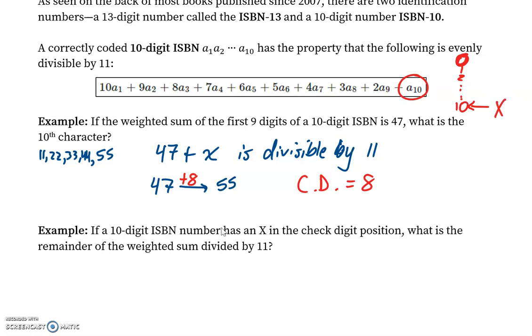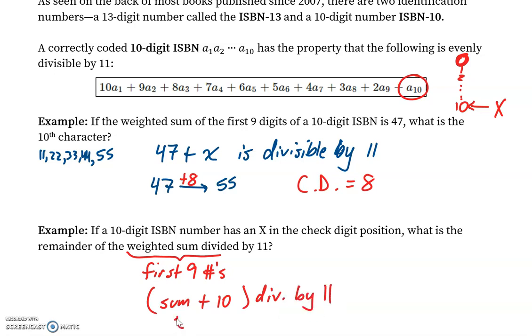So, okay, in this one it says, if a 10-digit ISBN has X in the check digit position, what is the remainder of the weighted sum divided by 11? Meaning this would be, right, the first 9 numbers. So basically we're saying, what is the sum such that we would need to add 10 to it so that this thing is divisible by 11?